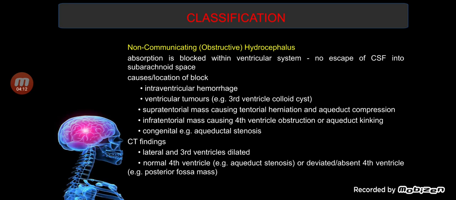Hydrocephalus can be classified into an obstructive one, named non-communicating. Here the flow is being blocked within the ventricular system, so no more CSF will escape into the subarachnoid space.